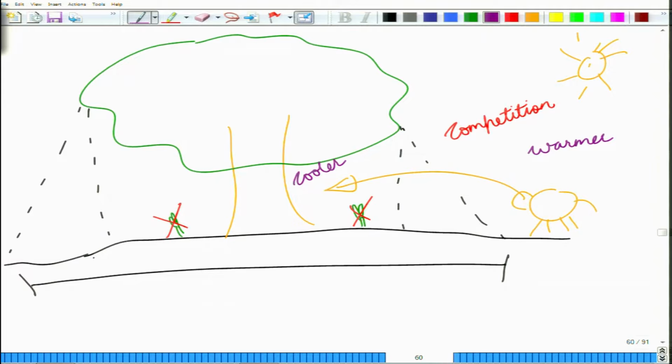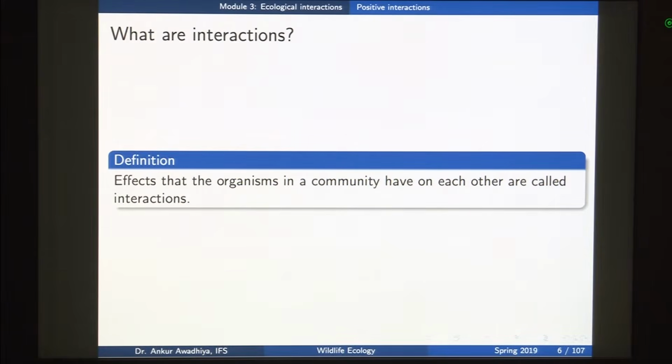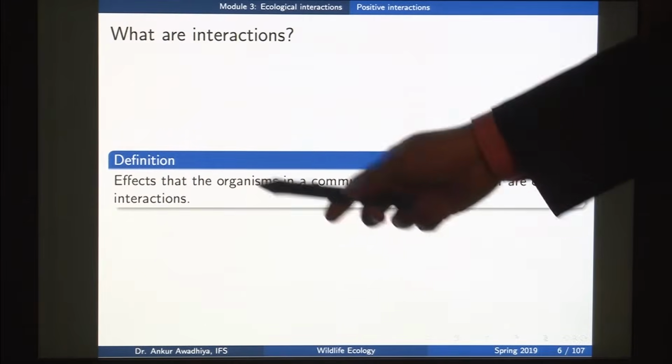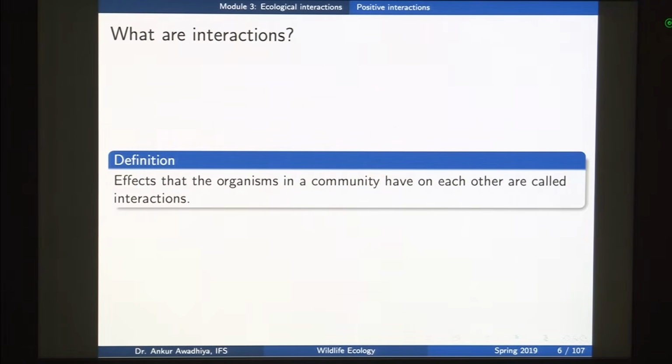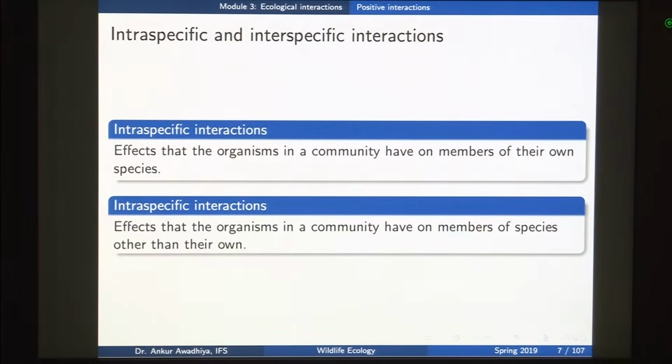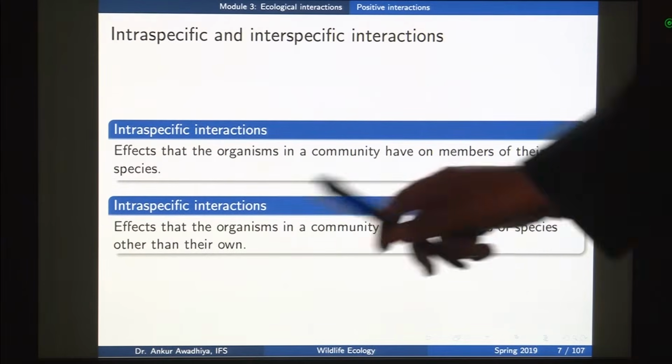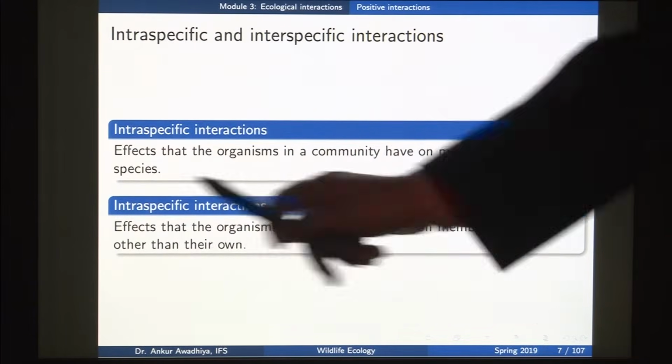So, all of these different impacts that any organism in a community is casting on the other organisms in that community are known as ecological interactions. And these interactions can be divided into two parts. We have intraspecific interactions and interspecific interactions. This should be interspecific, INTER.